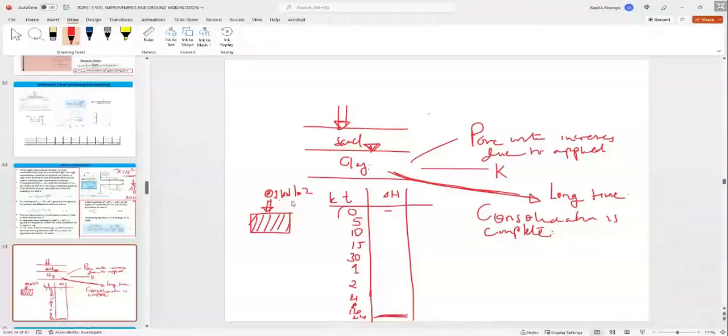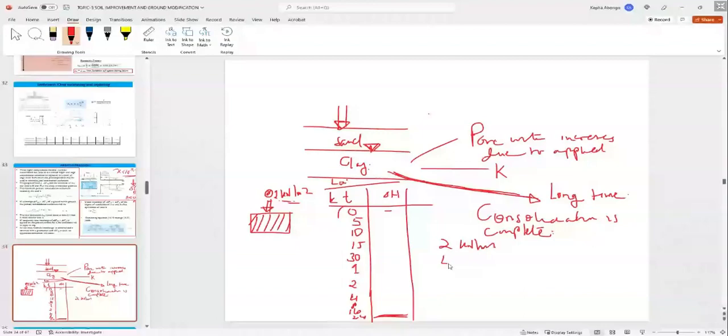Then saturate the sample again and double the loading. So you have readings for a particular loading. Now it goes to 2 kilonewton per meter squared.